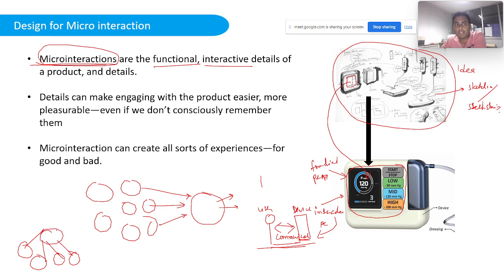That means the goal of a micro interaction is always need driven. For example, we have a task of running this particular device. Starting the device can be a micro interaction. It's a need, an overall goal.